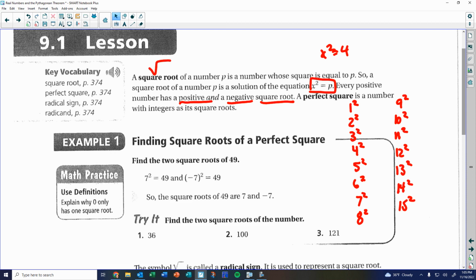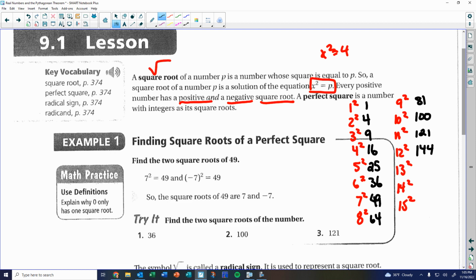We all know what 1 squared is, right? 2 squared is what? 4. 3 squared? 4 squared? 5 squared? 6 squared? 7 squared? 8 squared? 9 squared? Yep. 10 squared? 11? 121. Good. 12? 144. Then it goes 13 is 169, 14 is 196, and 15 is 225.